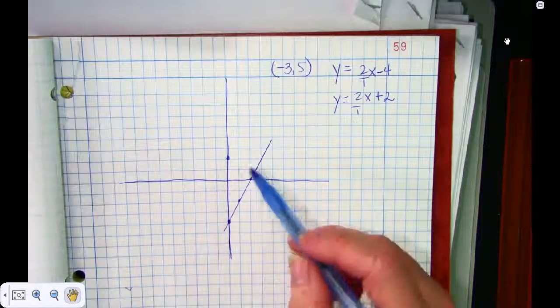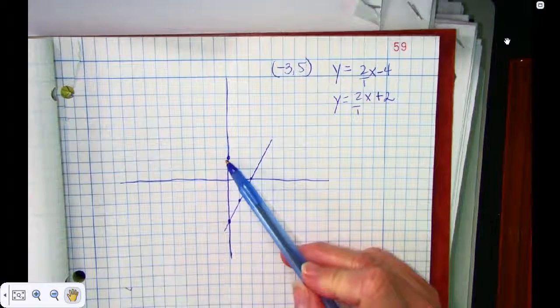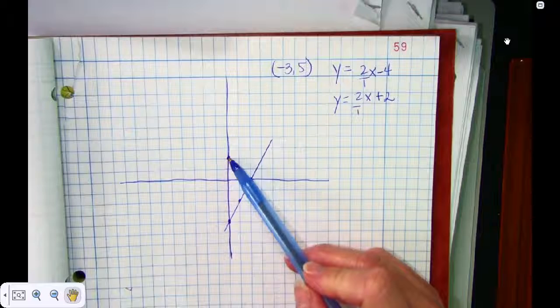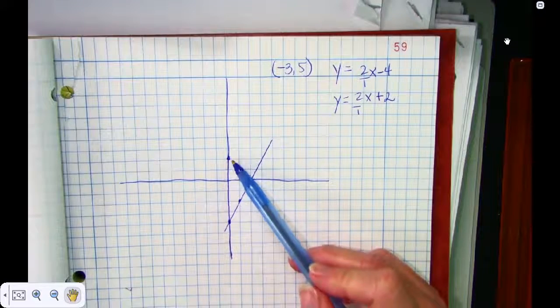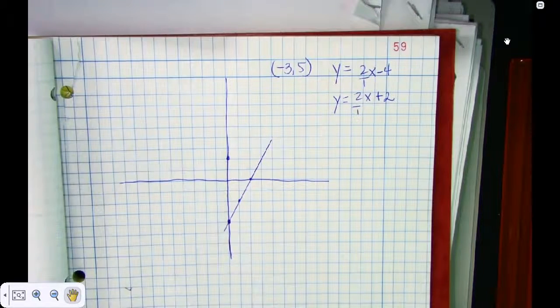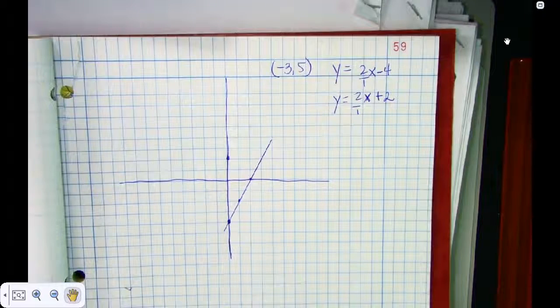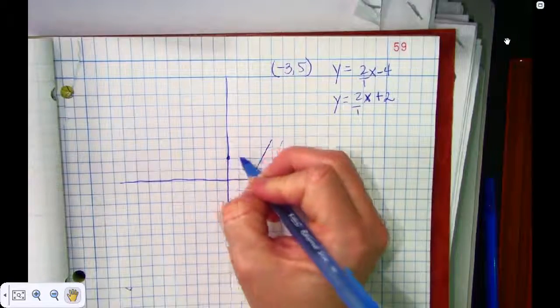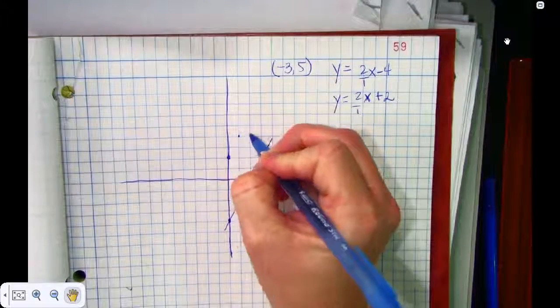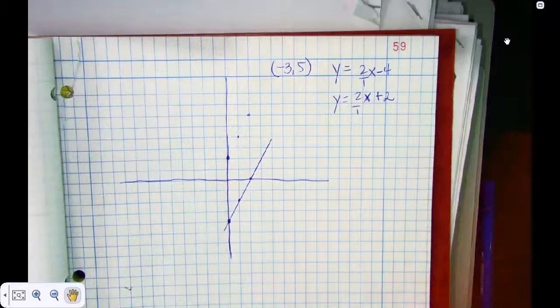So when you graph that, that's plus 2. I'll let Colton have time to. Okay, so plus 2, so you're going to go over 1, up 2, over 1, up 2. Okay, you're going to draw your line.